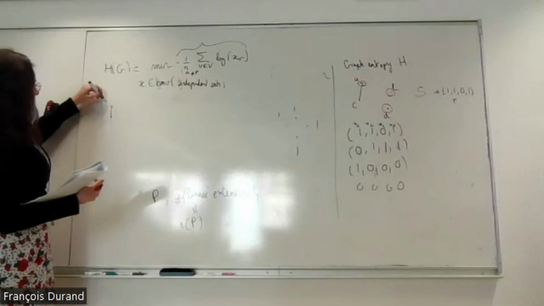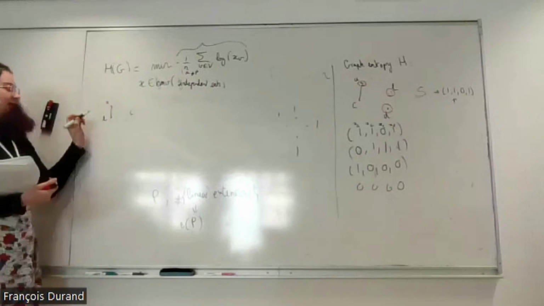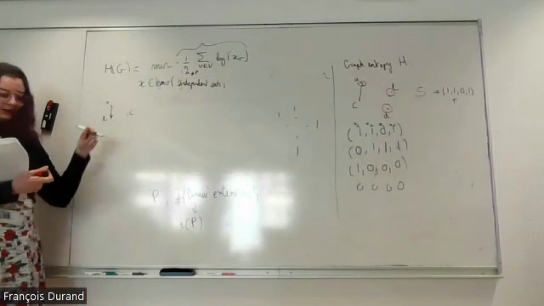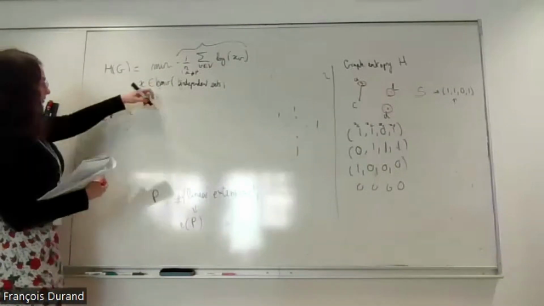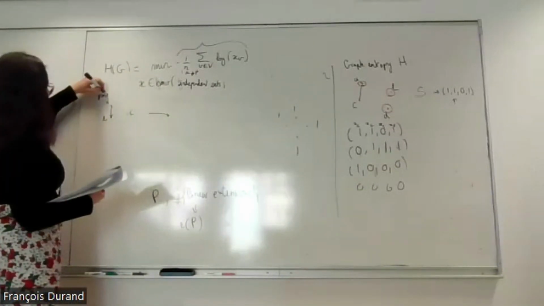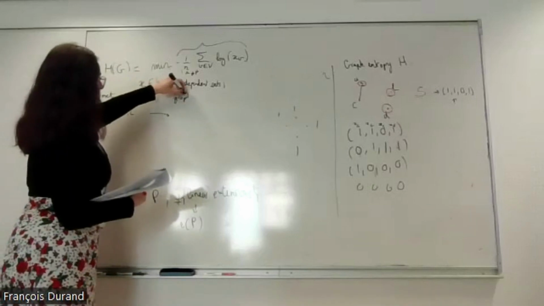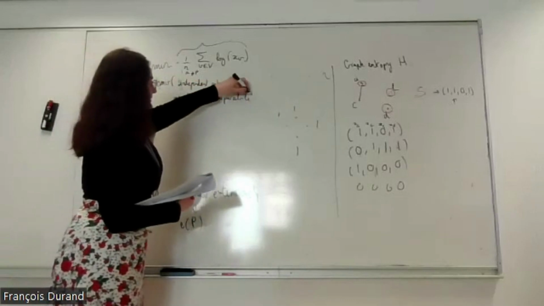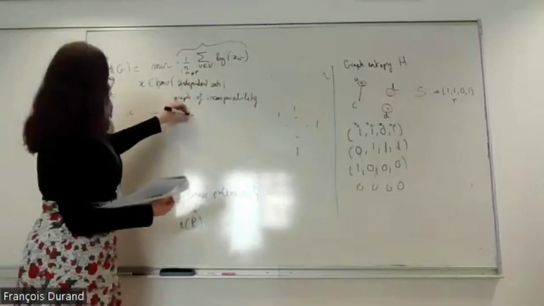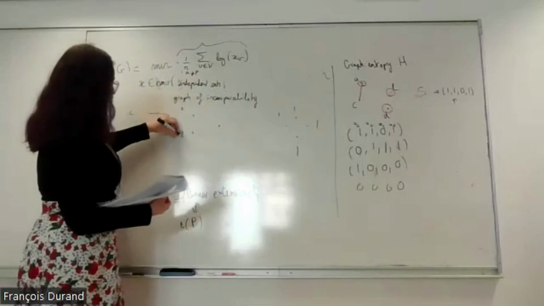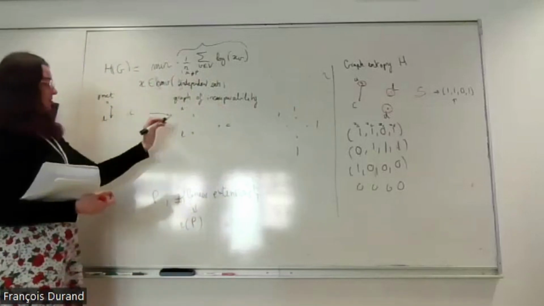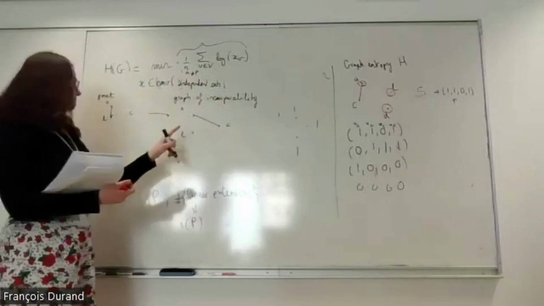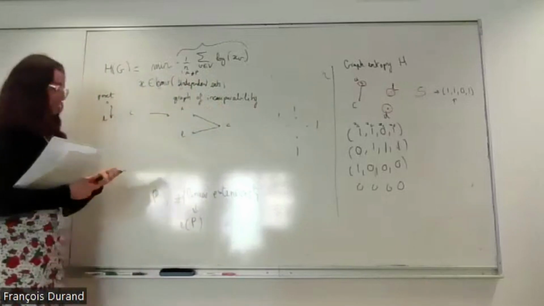So let's say that your poset is this: you know that A is greater than B, and you don't know anything about C. Then this is the poset, and the graph of incomparability is this. You still have A, B, and C, but A and C are not comparable, so you put an edge here, same for B and C.